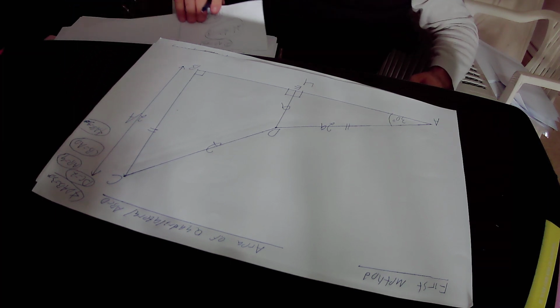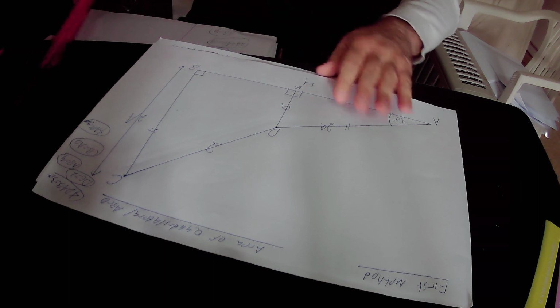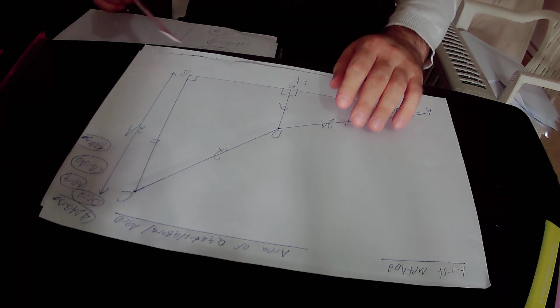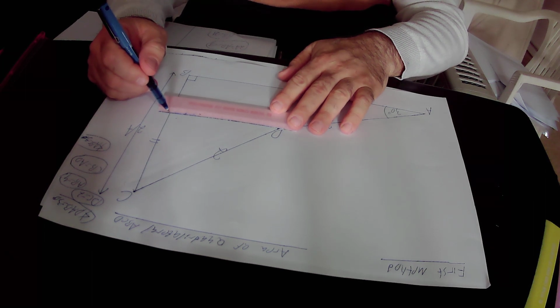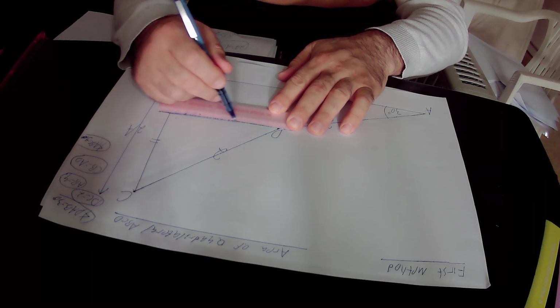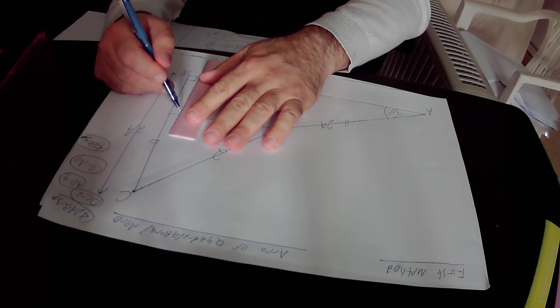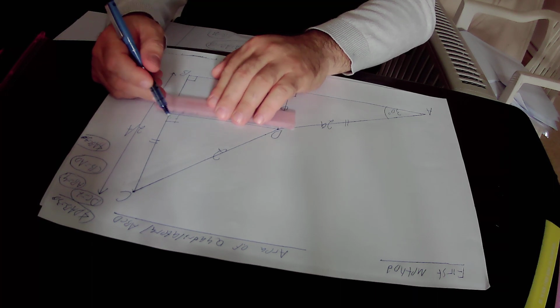In the next step, we will draw a perpendicular from point D to CB. So this angle equals 90 degrees and this angle also equals 90 degrees.